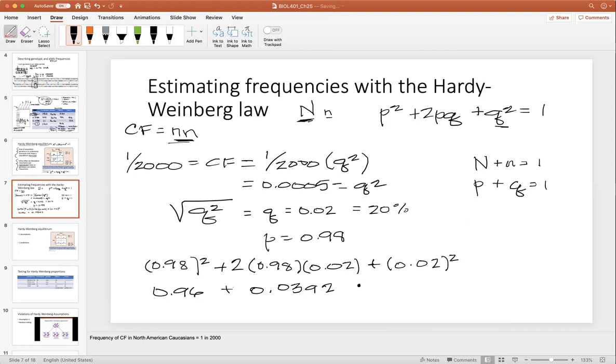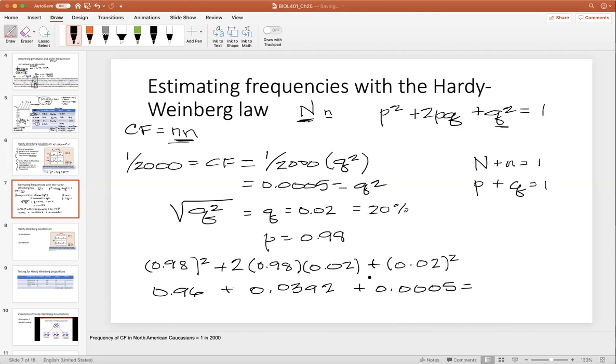And then this becomes 0.0005. And then let me add all that up and make sure that adds up to 1 to make sure that I did my math correctly. Pretty sure I did. Let's see here. 0.96 plus 0.0392 plus 0.0005. Yeah, it comes out to just a little over 1 because of some rounding error, but that is correct.